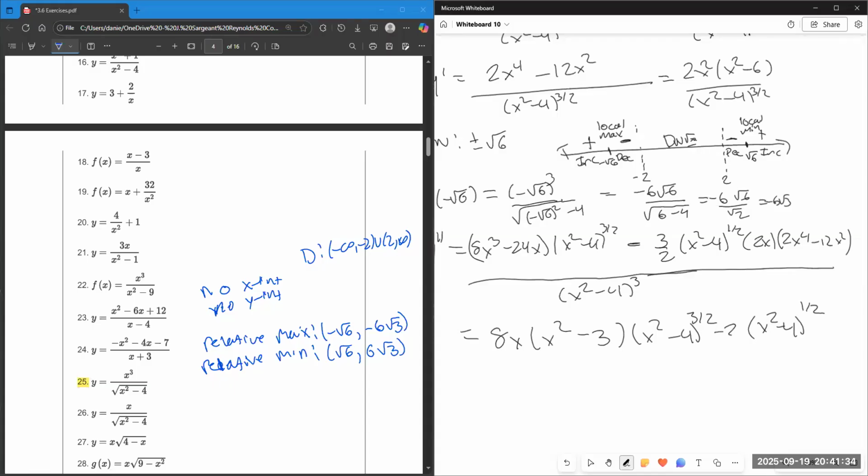And another 6x to the 3rd, I pull that out, (x squared minus 6), or (x squared minus 4) to the 3rd.